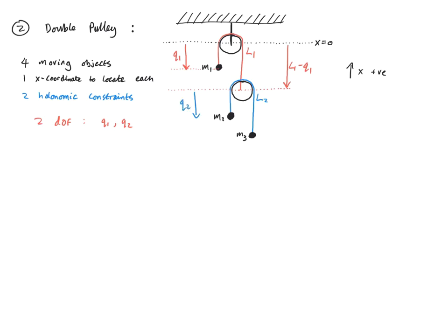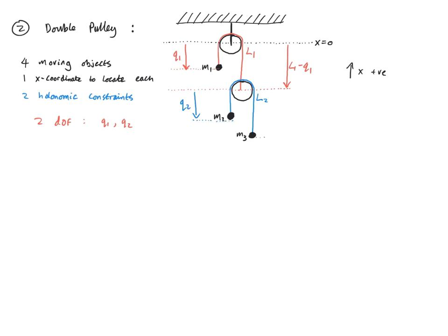It's the position of mass number 2 relative to the second pulley. So this is a nice choice of generalized coordinates because we'll be able to see how masses 2 and 3 bob up and down around their own pulley, which is itself something moving. So here we have generalized coordinates Q1 and Q2 labelled on the diagram.